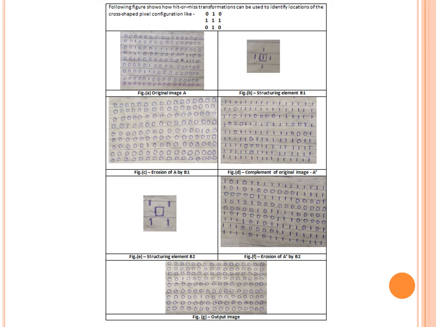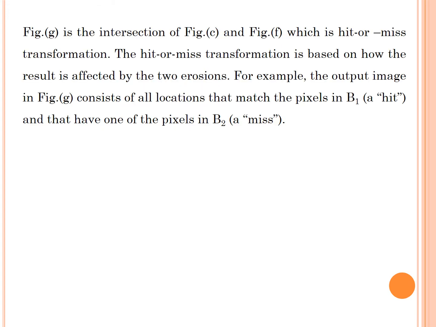Figure E is the structuring element B2. Figure F is the erosion of A complement by B2. And figure G is the output image. Figure G is the intersection of figure C and figure F, which is the hit or miss transformation.